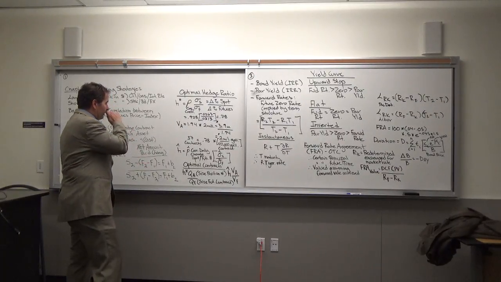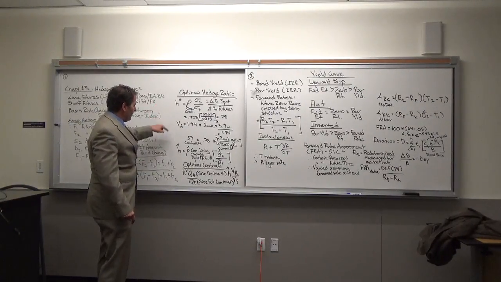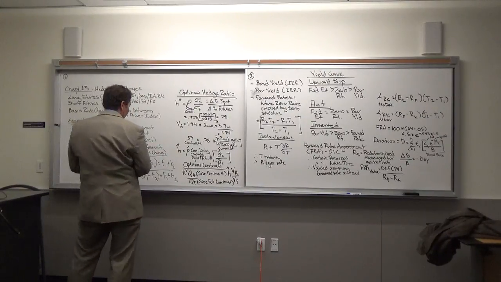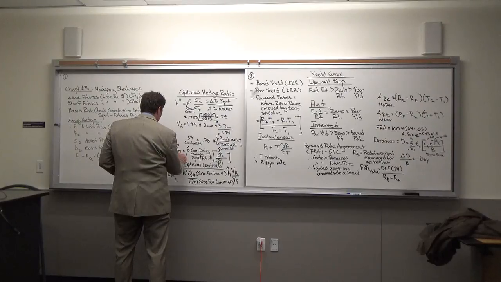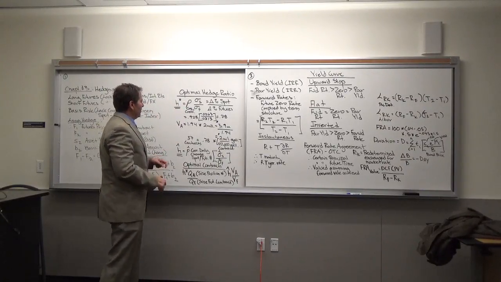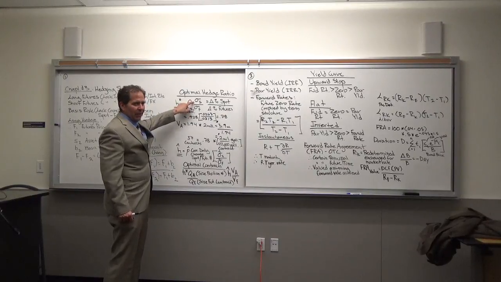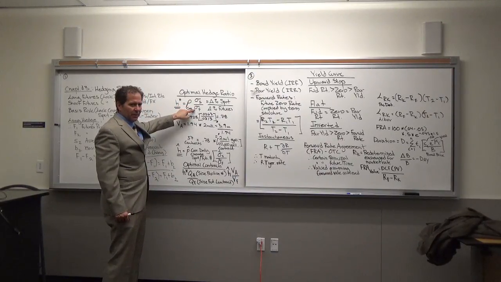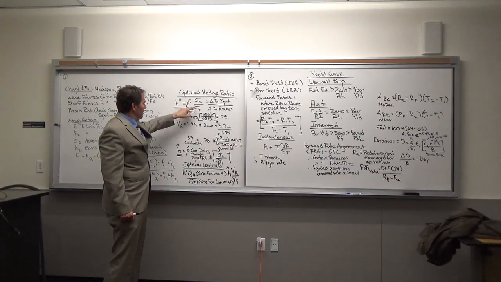There are a couple of hedging methods for hedging calculations, but they're basically the same. You have the standard deviation of the spot price divided by the standard deviation of the futures price, times the correlation coefficient.